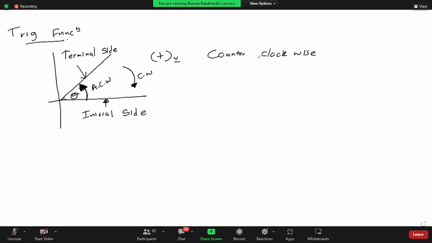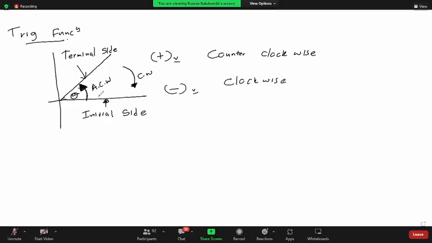When you consider counterclockwise, it will give us positive angles. Negative angles should then be clockwise. Starting from the initial side, if we are defining clockwise angles, then they are negative angles. So you have to remember this.